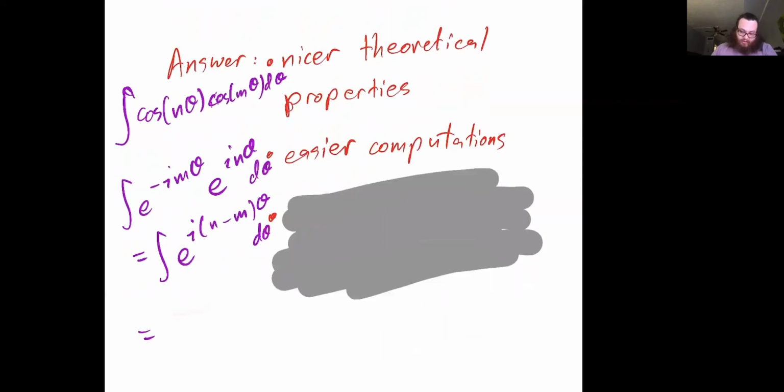And so this integral is going to be 1 over I (n minus m) times e to the I (n minus m) theta, plus a constant. So already, working with these complex exponentials, similar integral computations become almost immediate.